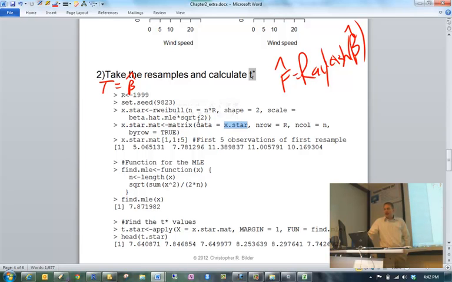So in the last example, I put this whole rweibull code right there. I just ended up breaking them up. And so that X1 star is 5.06, X2 star is 7.78, and so on.